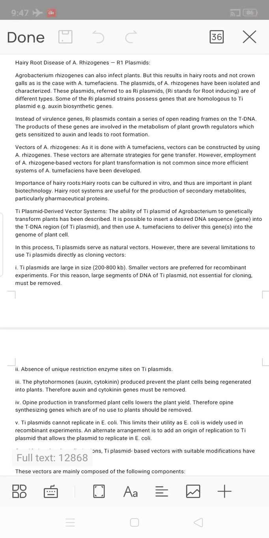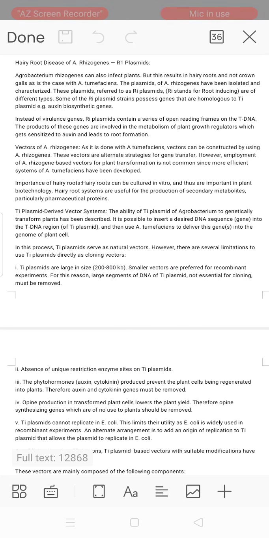However, employment of Agrobacterium rhizogenes based vectors for plant transformation is not common, since more efficient systems of Agrobacterium tumefaciens have been developed.